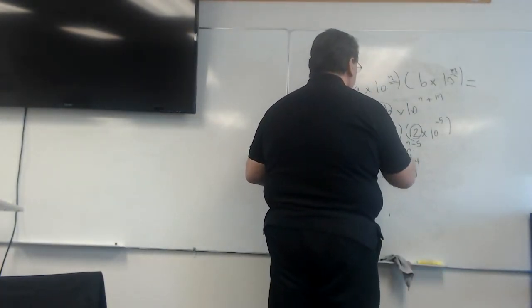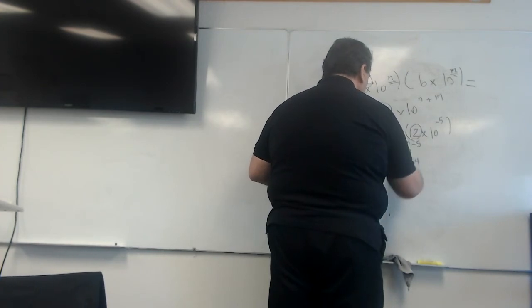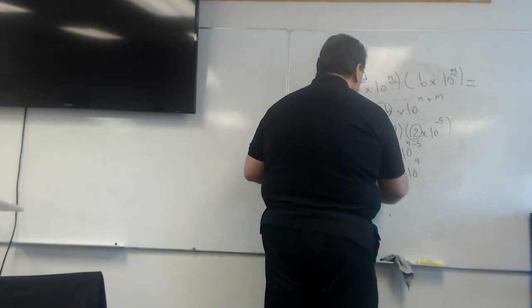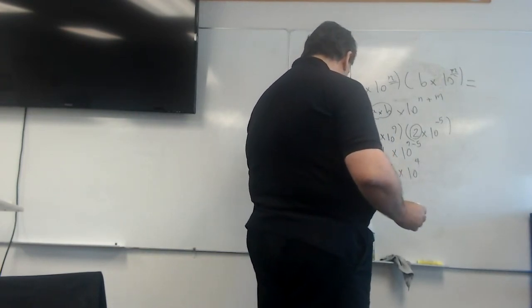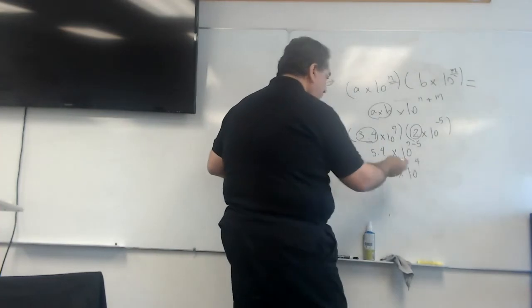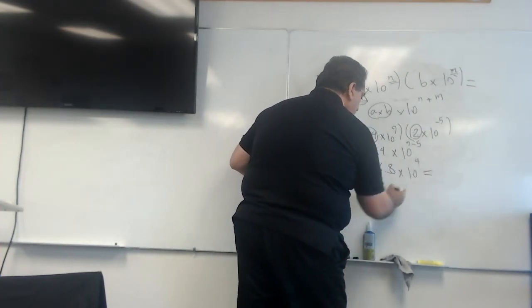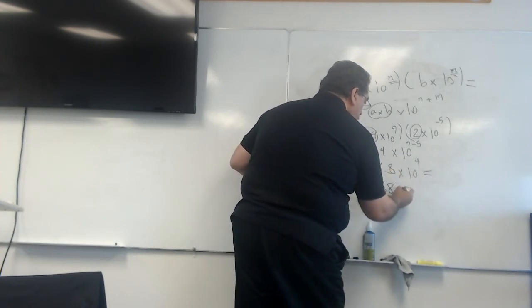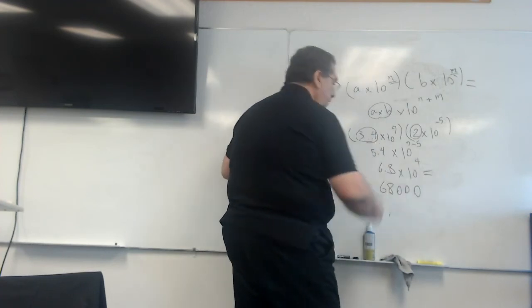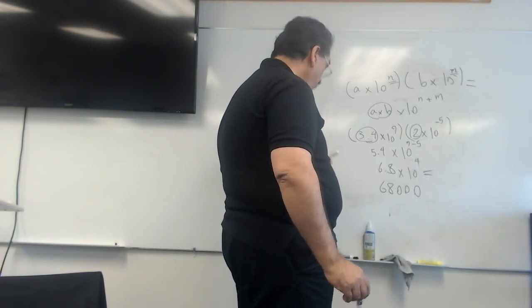So you have A times B. I'm sorry, I made a mistake. It should be 3.4 times 2, not added. Sorry. So it would be 6.8. Or you can write it even in a regular format. It will be 68, moving forward 1, 2, 3, 4. So I'm sorry.